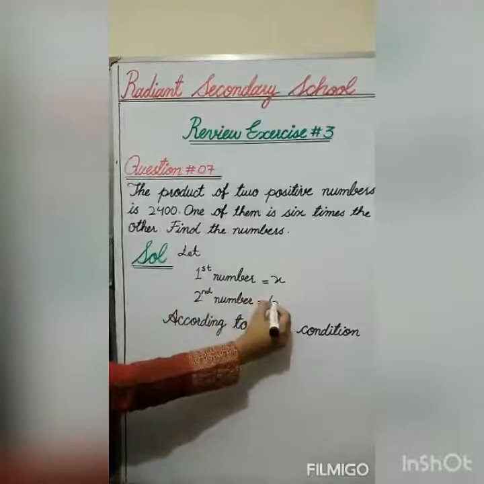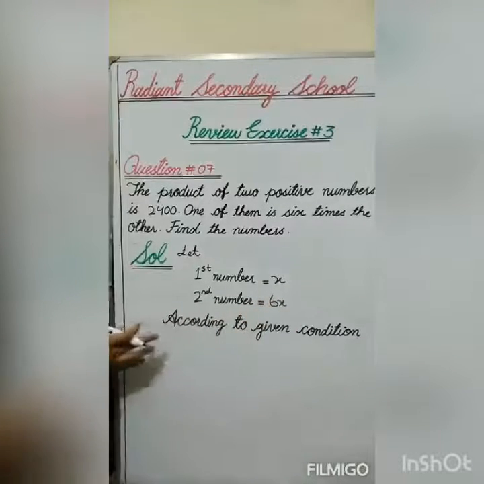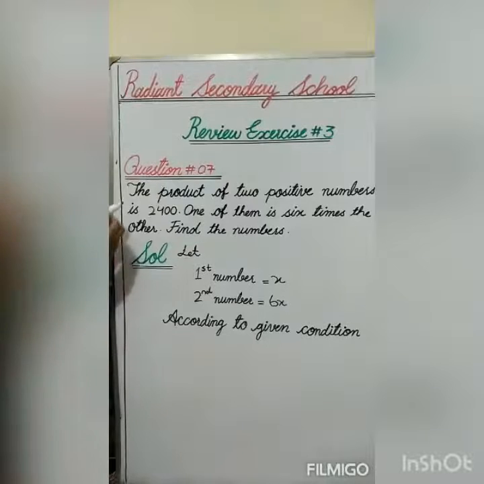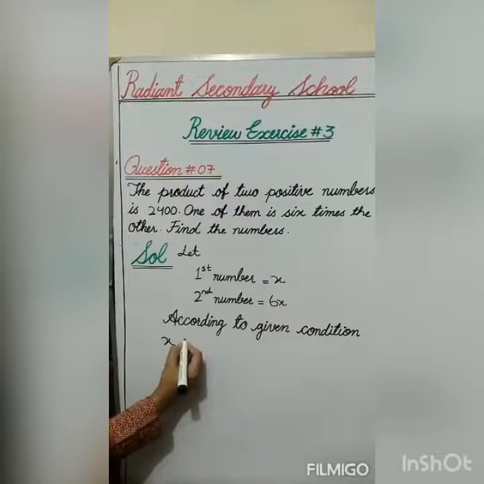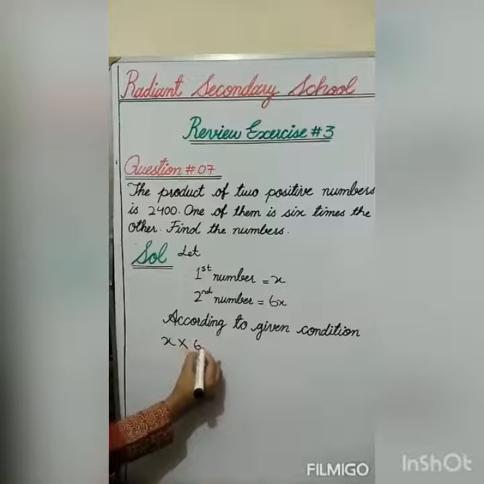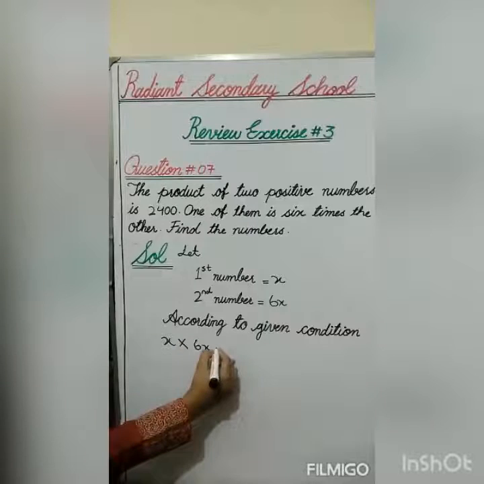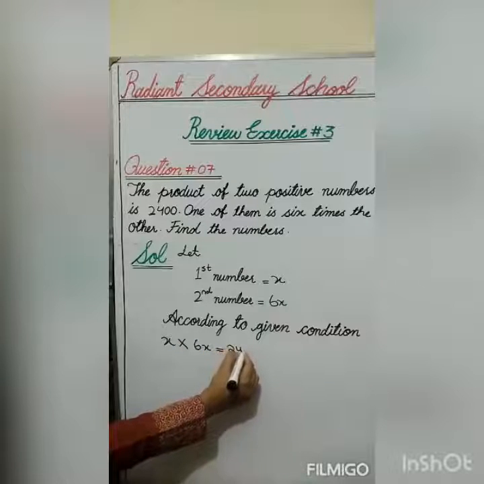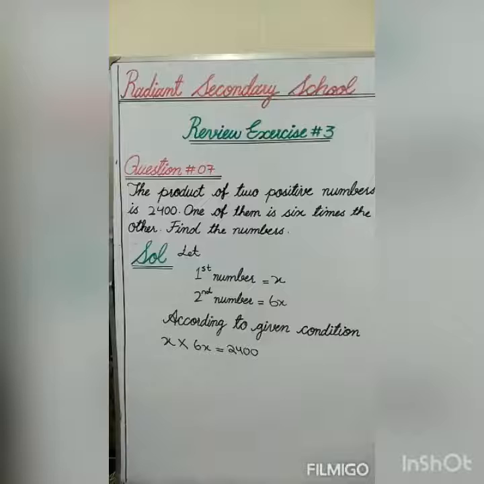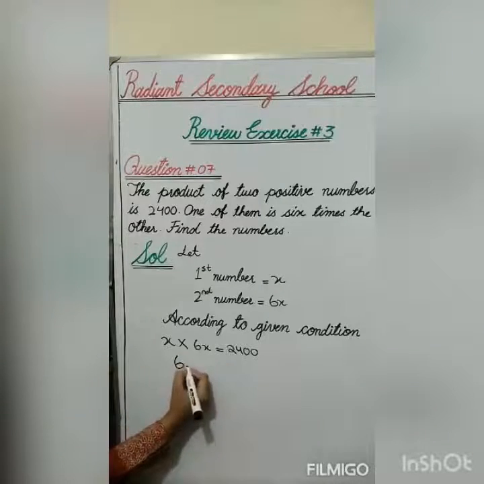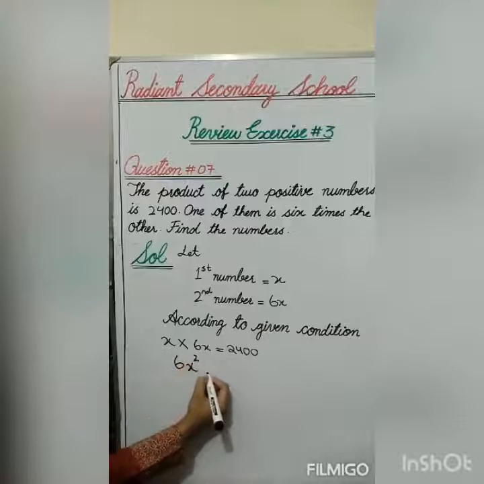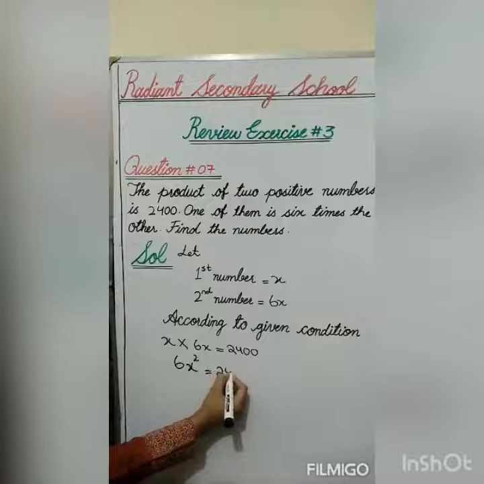It will become 6x. Now according to given condition, the product of two positive numbers is 2400. Product means multiplication. We have to multiply these two numbers, x multiply by 6x. Their product is equal to 2400. Now class, when we multiply x and 6x, we will get 6x square equal to 2400.